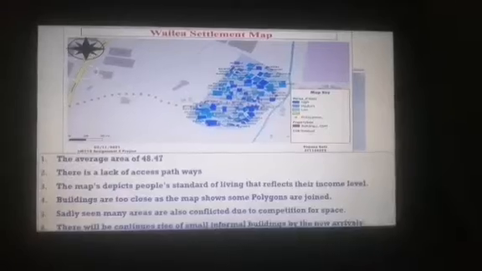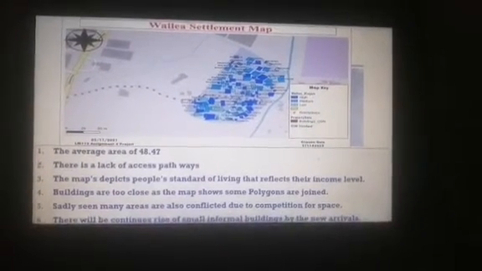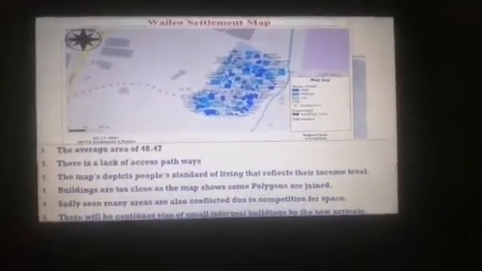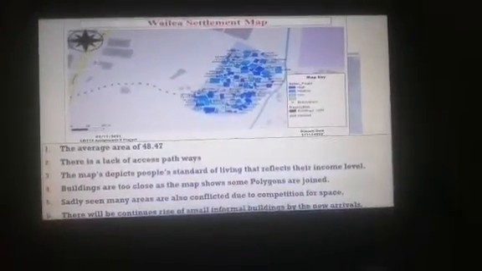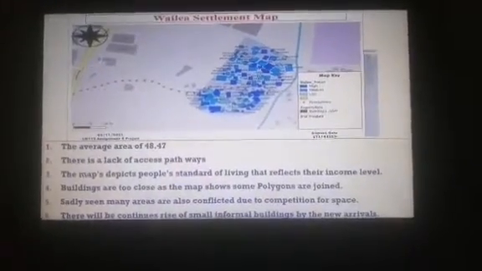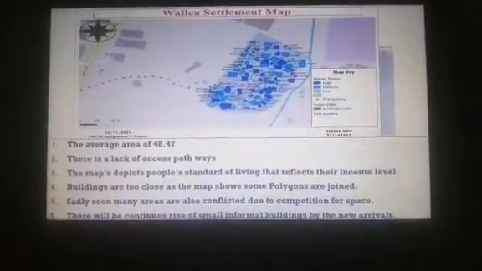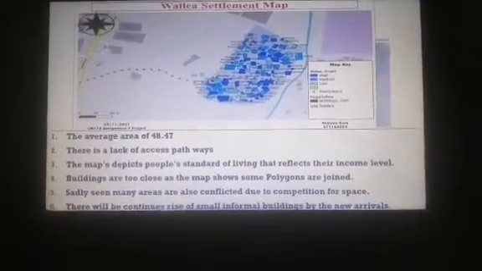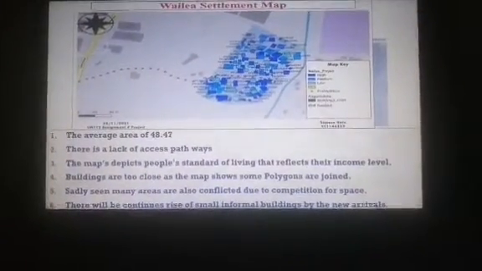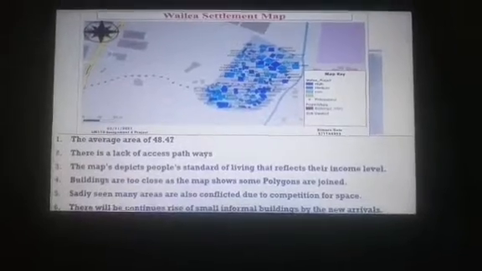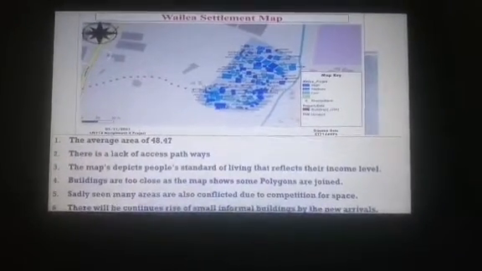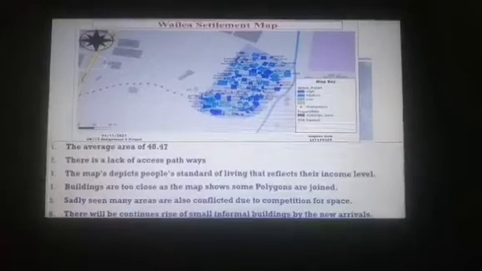Point 5. Sadly, many areas are also in conflict due to competition for space. As you can see from the map, there is no equal spacing between all the households in every cluster. Houses were densely populated and built unplanned. According to the data record provided, 21 households out of the 121 households are under conflict ownership type.